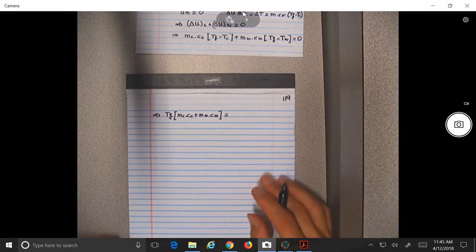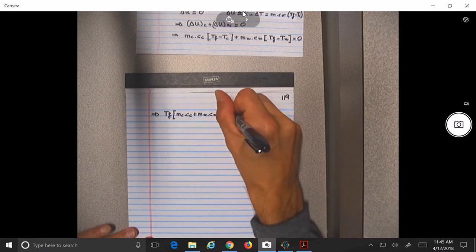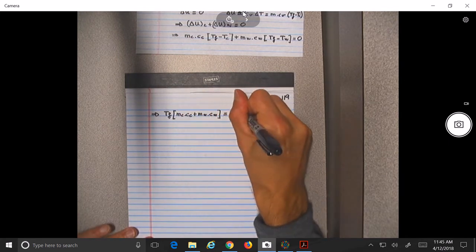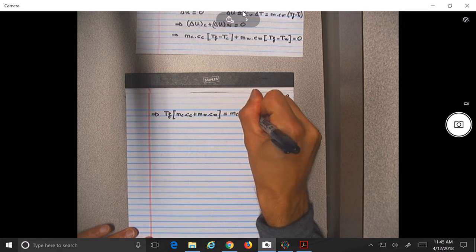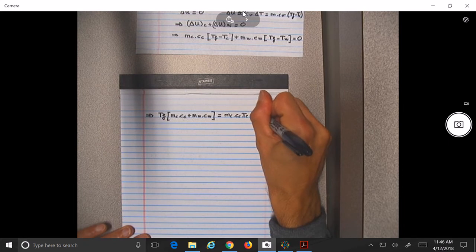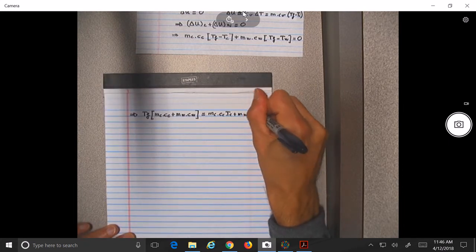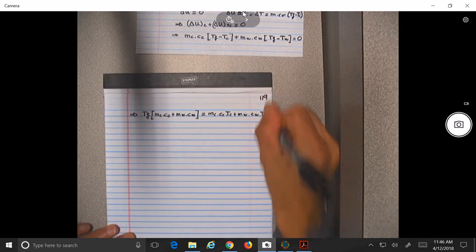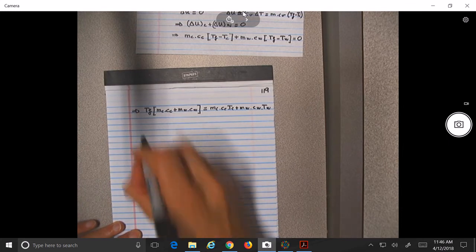I'm moving it to the right hand side, and then I'm moving the other terms to the right hand side, will be equal to M sub C, C sub C T sub C plus M water, C water, T water.